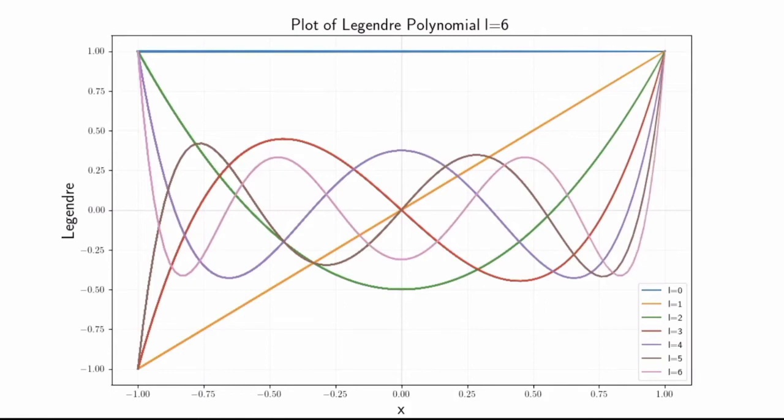So you can see that at x equal to 1, they are all coming to 1. At x equal to -1, all the even functions are at +1 and all the odd functions are at -1. And you can see that these are wiggly functions. The 0th polynomial is a constant. It is very similar to sine and cos.